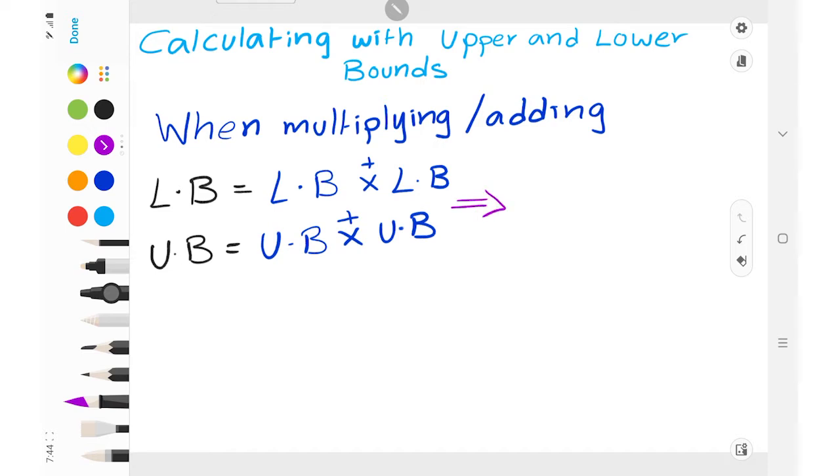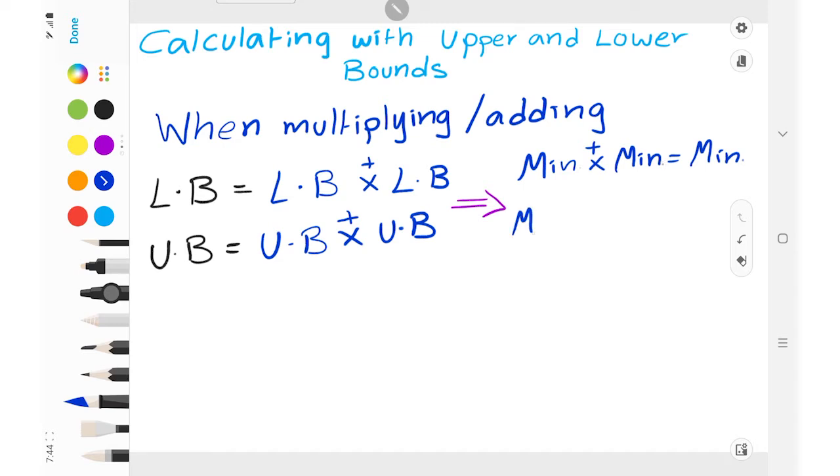And I can say this means that what I am doing is correct. For the lower, it's the minimum multiplied or added by a minimum. It will give minimum.